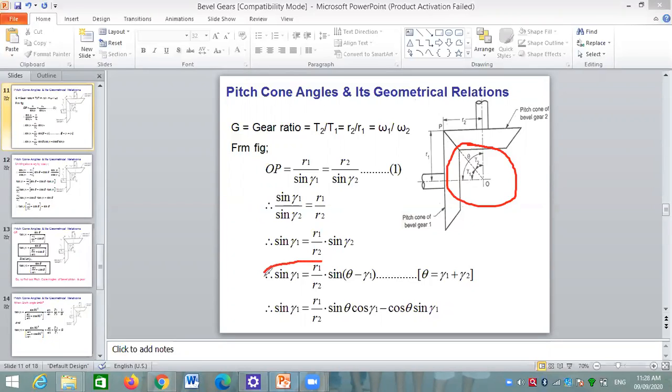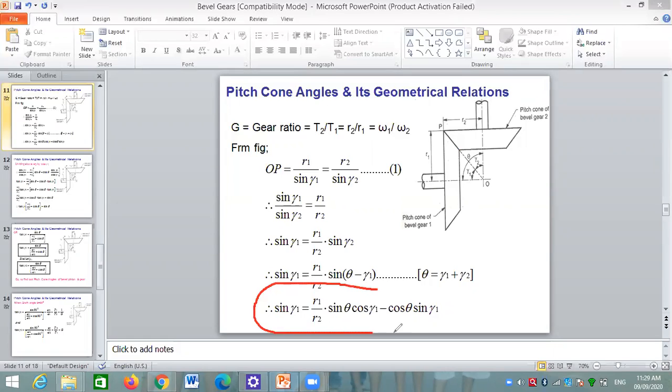So we will put this value and we get sine of gamma 1 is equal to R1 upon R2 into sine of theta minus gamma 1, since gamma 2 is equal to theta minus gamma 1. Using the formula for sine of alpha minus beta, if we expand sine of theta minus gamma 1, we get sine of theta into cos of gamma 1 minus cos of theta into sine of gamma 1.